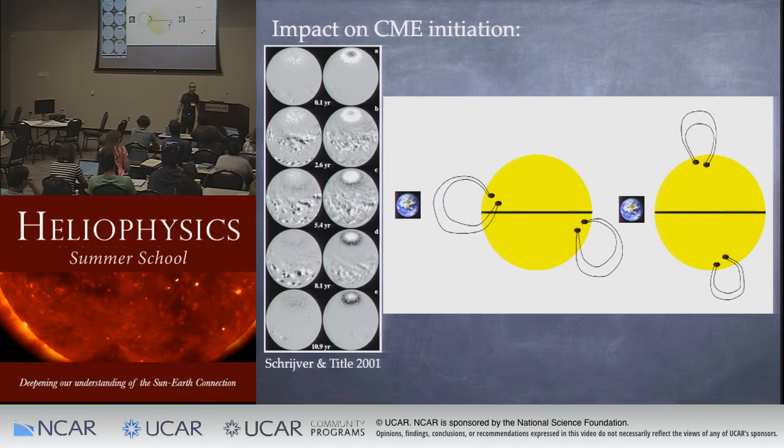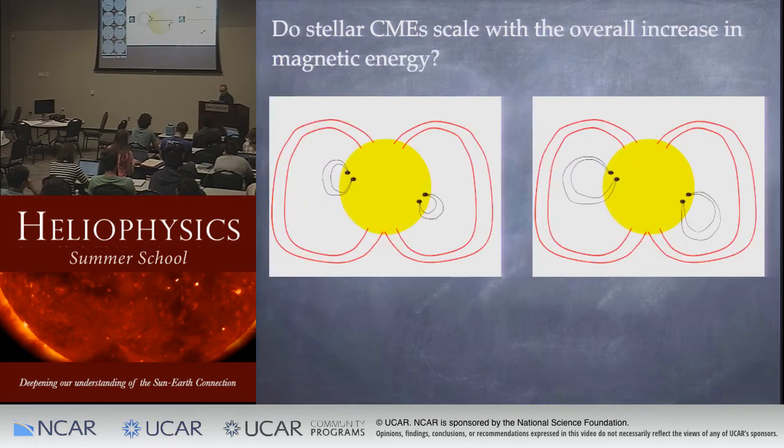If the planet resides on the equatorial plane, will the CME go there, or because of the high-latitude appearance of the active regions, will all the CMEs go to high latitudes and not really affect that planet, right? So that's one thing to think about. And we know that CMEs pretty much originate from active regions on the sun, so there's reasonable reason to believe that the same thing happens in these kinds of stars.